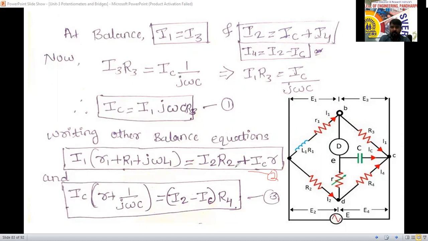Okay. Next we will come here now. See here, CD has two branches.